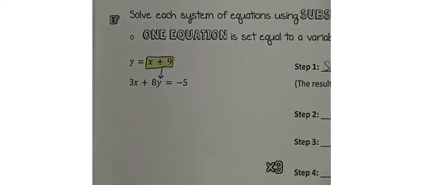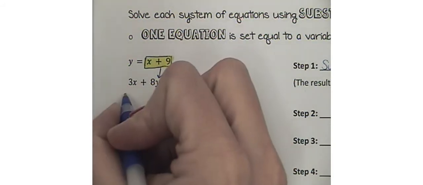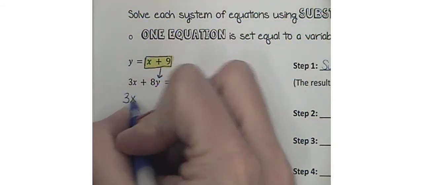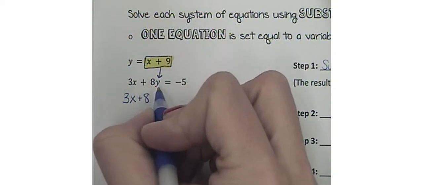Okay, and when I do that, the resulting equation should have only one variable. Not both x and y, only one variable. So, let me write it out. Start with this 3x plus 8, but I'm not having y anymore.